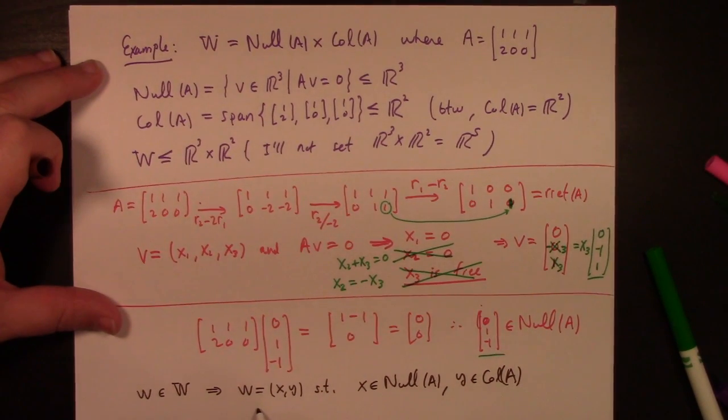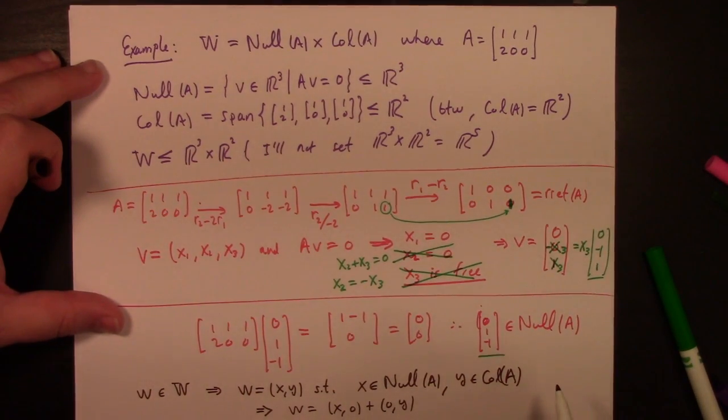In other words, that means W is equal to something like x comma 0 plus 0 comma y, right?